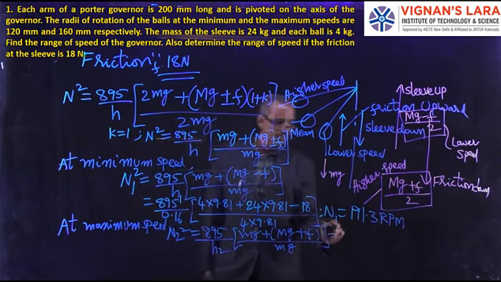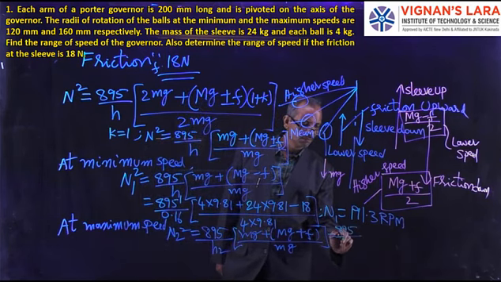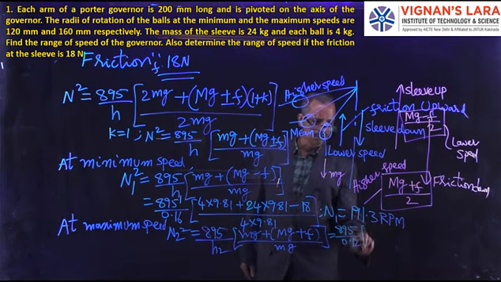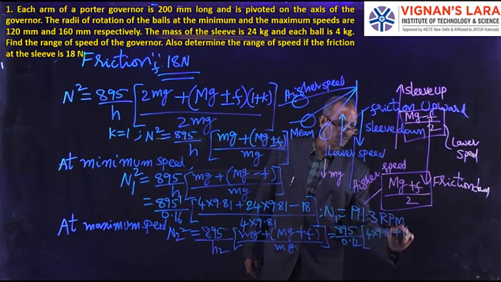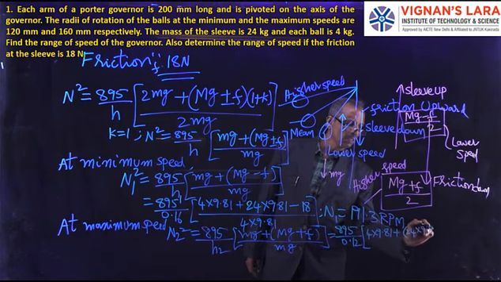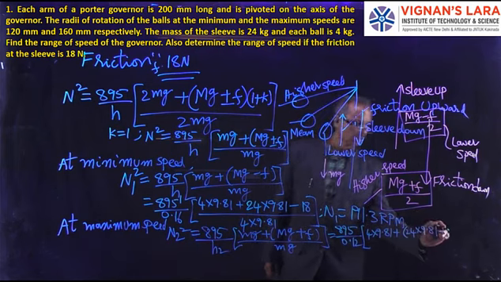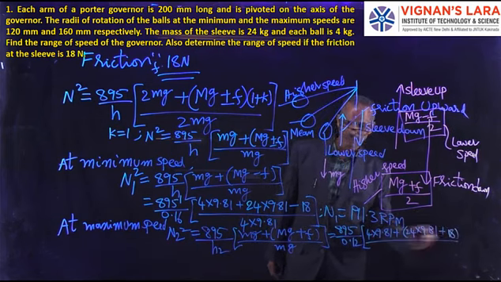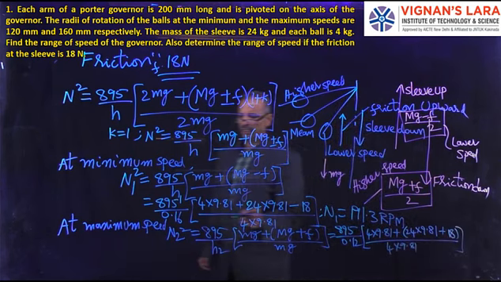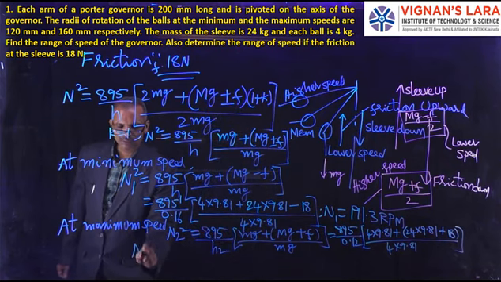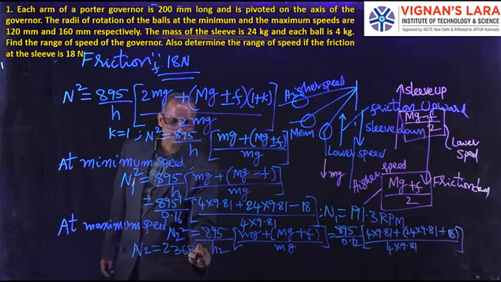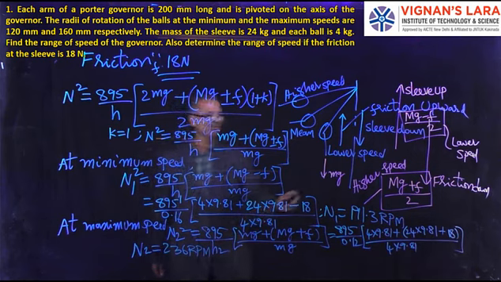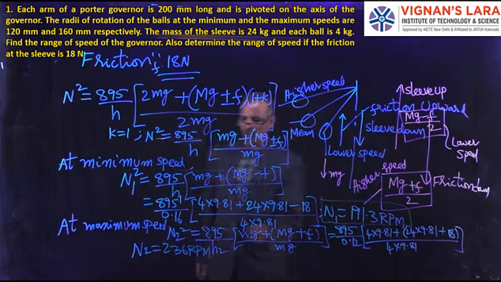So this is 895 by 0.12 into (4 into 9.81 plus 24 into 9.81 plus friction 18) by 4 into 9.81. Then you get N2 as 236 RPM. So N1 is 191 and N2 is 236.